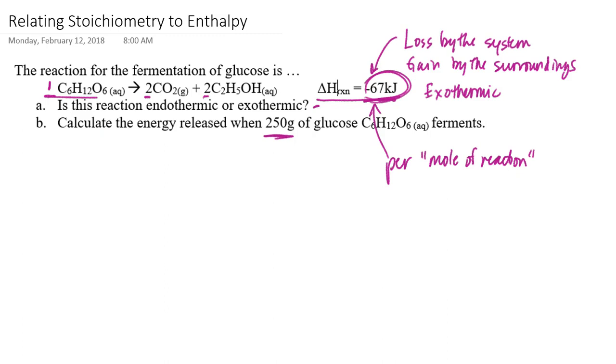And so if I'm going to figure out how much heat is released when I have 250 grams of glucose as opposed to 1 mole of glucose reacting, the very first thing I'm going to need to do is convert these grams of glucose to moles of glucose. So that means I'm going to have to determine the molar mass of glucose.